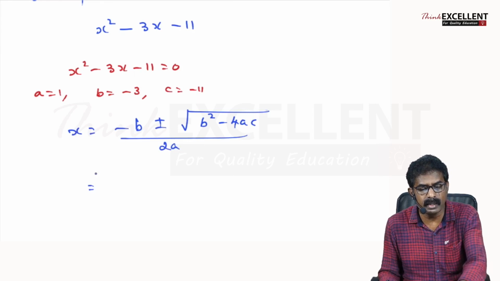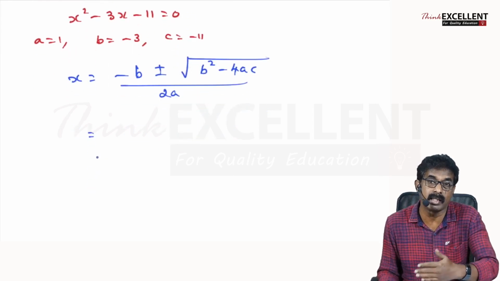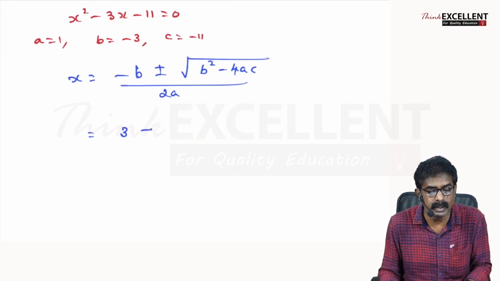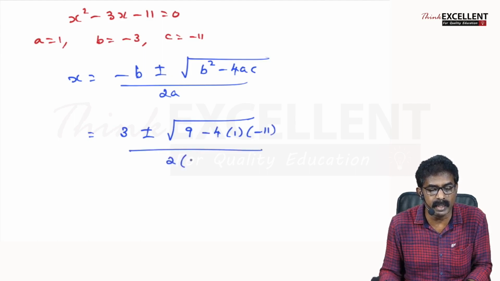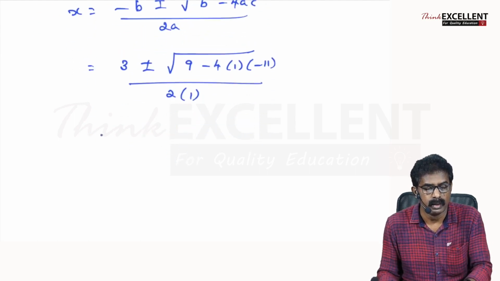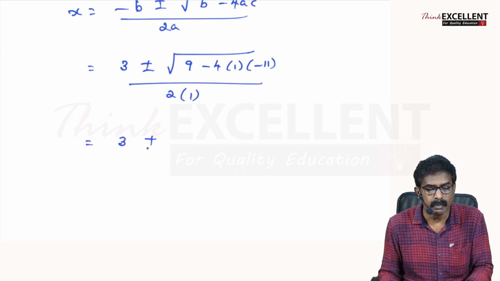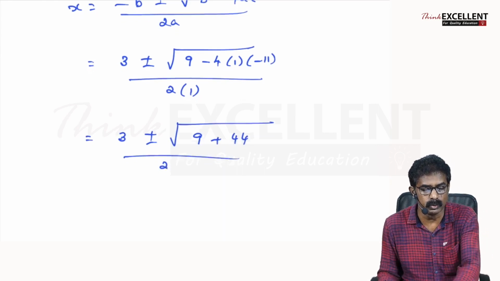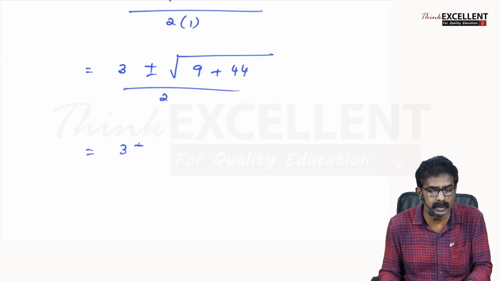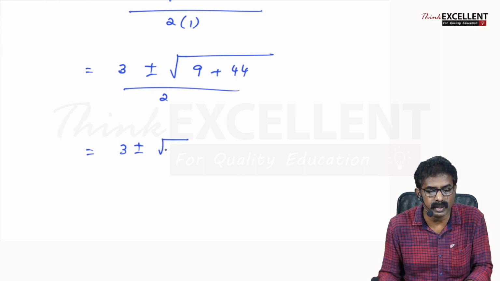So that is minus b, the b value is minus 3, so minus b means plus 3, plus or minus root of b square, minus 3 square, 9, minus 4 into a into c value minus 11, divided by 2a, 2 into 1. So that is 3 plus or minus root of 9, minus into minus is plus 44, right? Divided by 2 into 1, 2. So you are getting 3 plus or minus root 53 divided by 2.